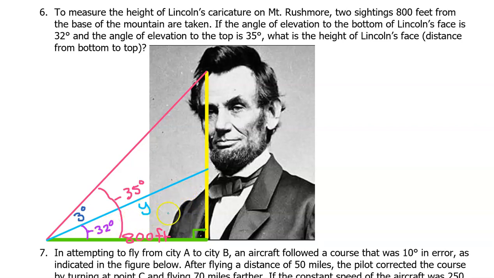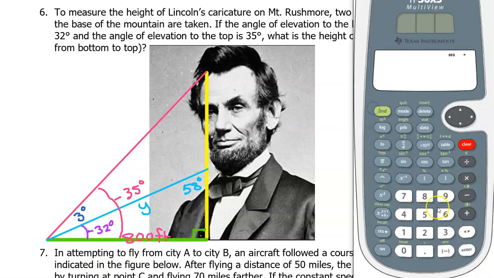For example, looking at the lower triangle, I see that we have the 32 degrees and we have 90 degrees. So the other angle must be 58 degrees because the total degrees in the triangle has to add up to 180. So if I do 180 minus 90 minus 32, that gives me 58 degrees.